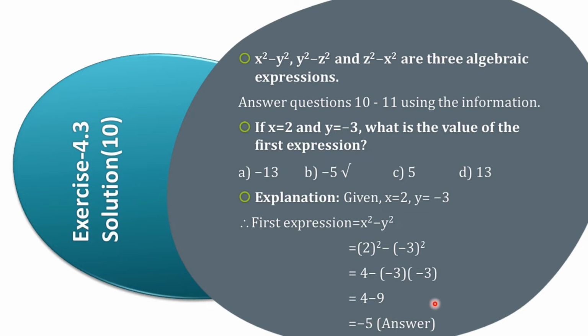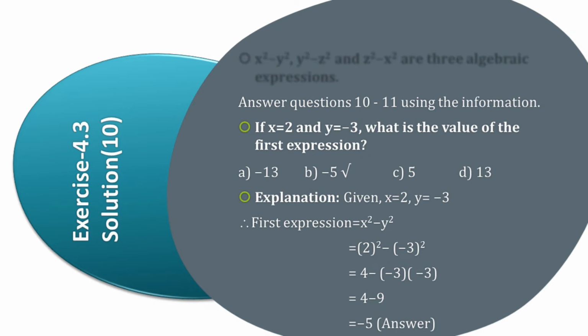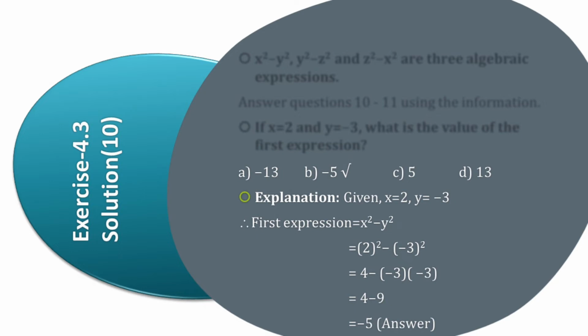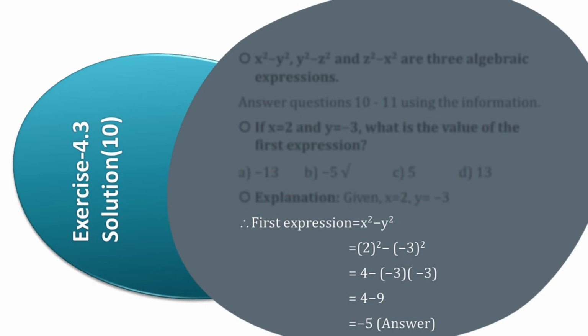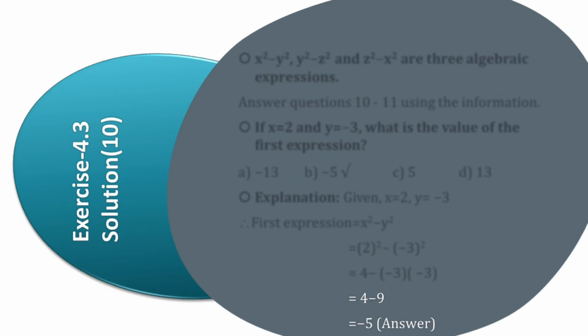So minus 5 is the desired answer because the bigger number's sign, of 9, is minus. So my dear students, this is question number 10. As you can see, the answer is minus 5. You have to remember that the bigger number's sign will be the answer every time. So that's why 9 has the minus sign and the answer will be minus 5.